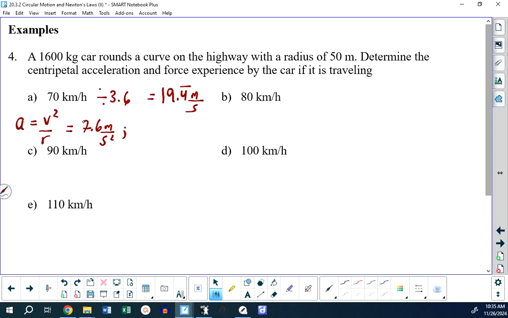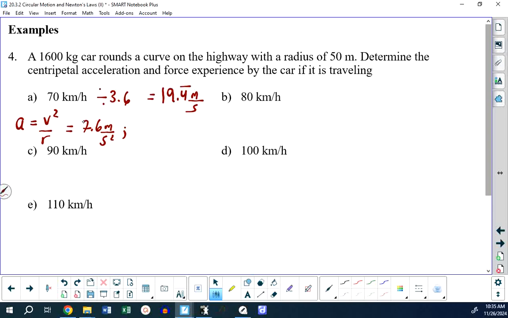We are also asked to calculate the force. Well, how are we going to calculate the force? ma, sure. The centripetal force is the net force, which is ma.